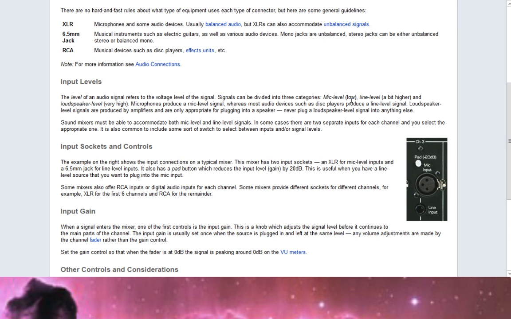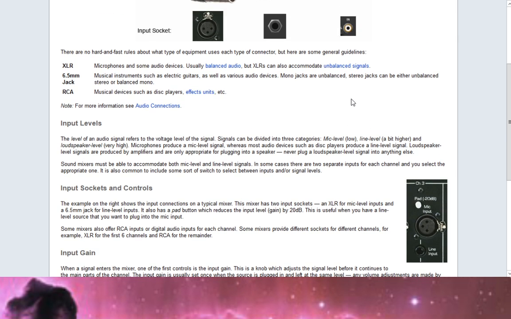You've got mic level. It says low, which is actually not correct. It says low because they're talking XLR, but in fact, when you connect your microphone input on your computer, it's actually a much higher level than your line level.